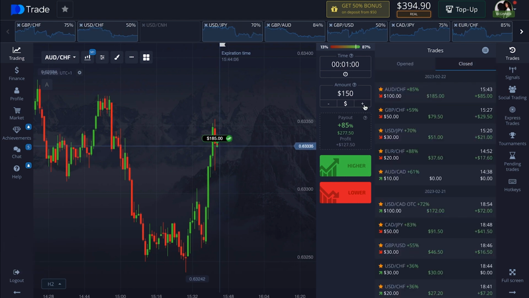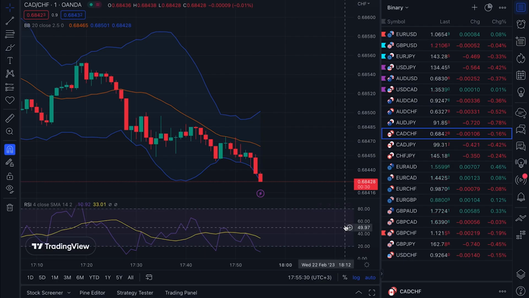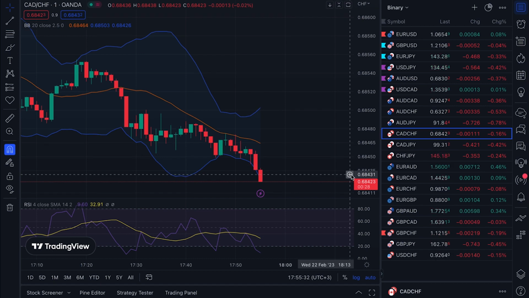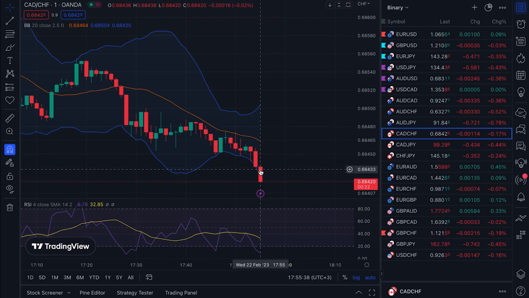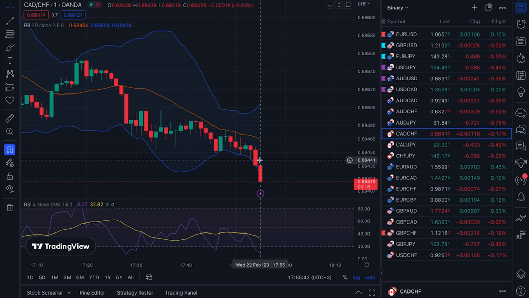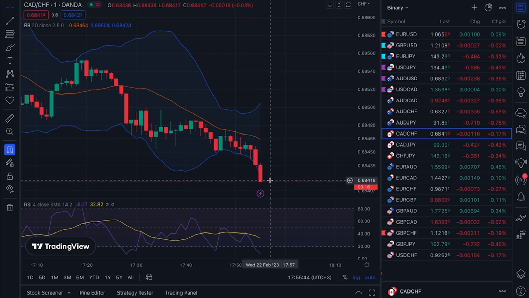I think it's possible to increase the entry price to $150 as we are trying to increase our deposit, and we see what's next. And here I also see a good opportunity to enter the position. The RSI level is below the oversold level, below 20, and the price also moves below the lower limit of Bollinger Bands.